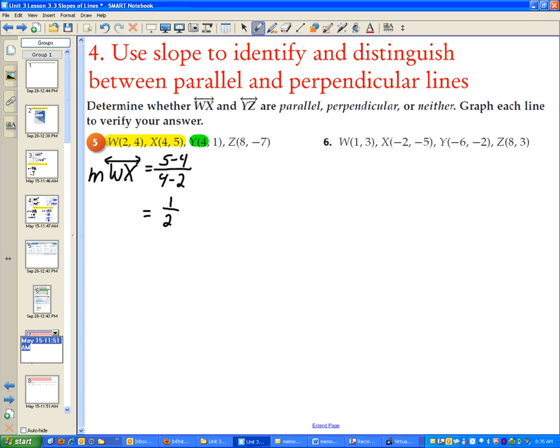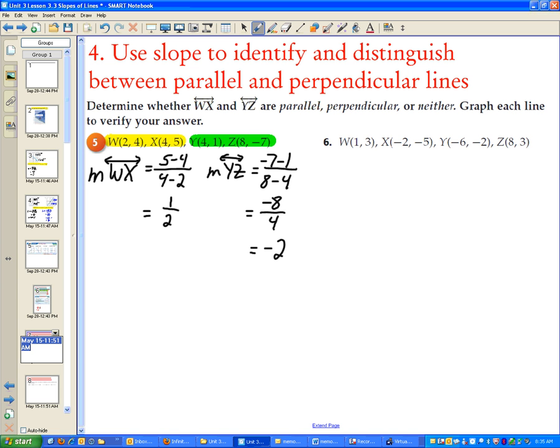Now, let's find the slope of line YZ. So slope of line YZ, see the notation, equals Y2, -7, minus 1, over 8 minus 4. -7 minus 1 is -8. 8 minus 4 is 4, and I reduce that and get -2.